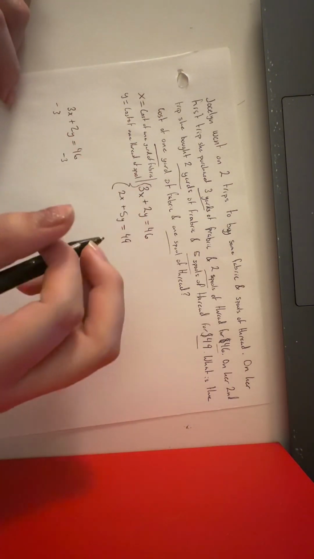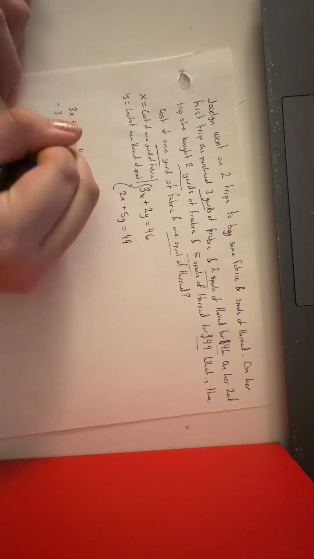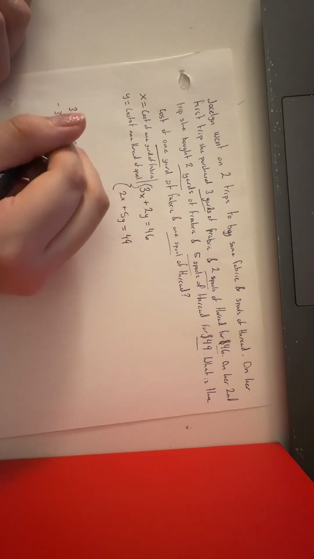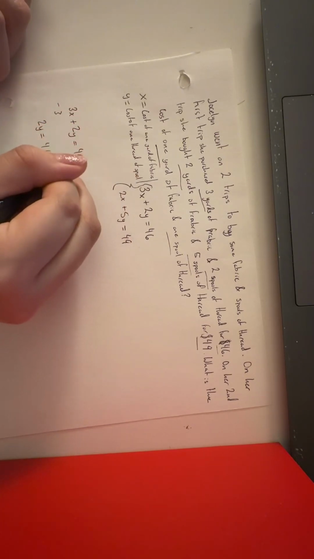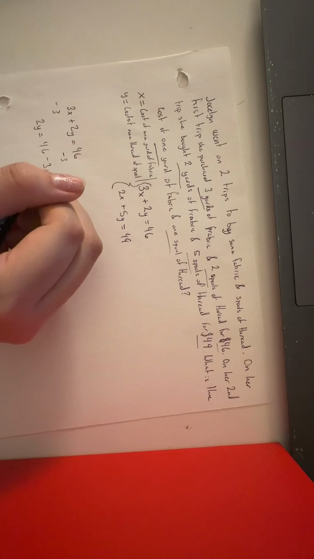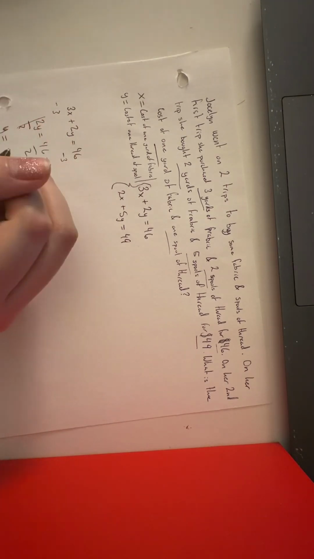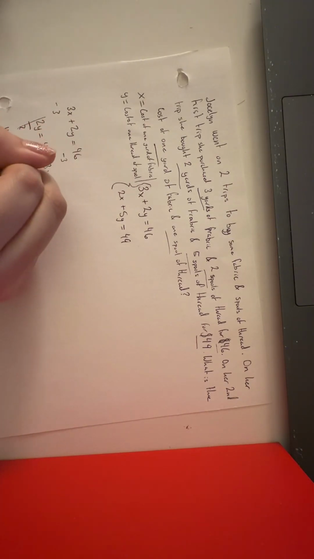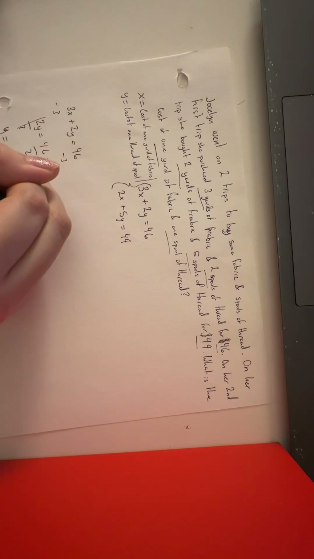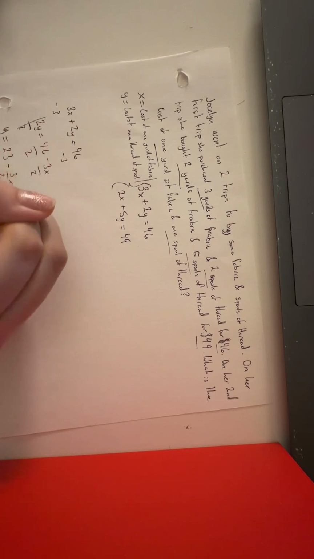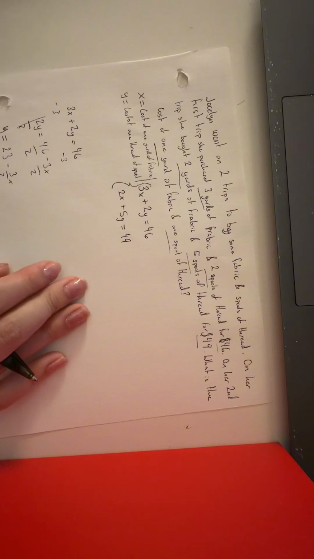Once we get that, we get 2y equals 46 minus 3x. Now since we want to isolate the y, we're going to divide by 2 on both sides. And 46 divided by 2 is going to be 23, and we end up with a fraction. So y equals 23 minus 3 halves x.